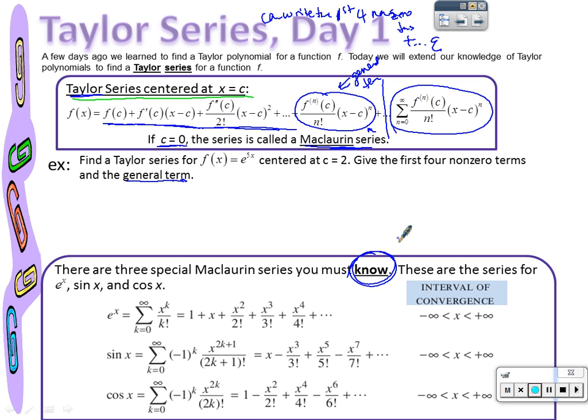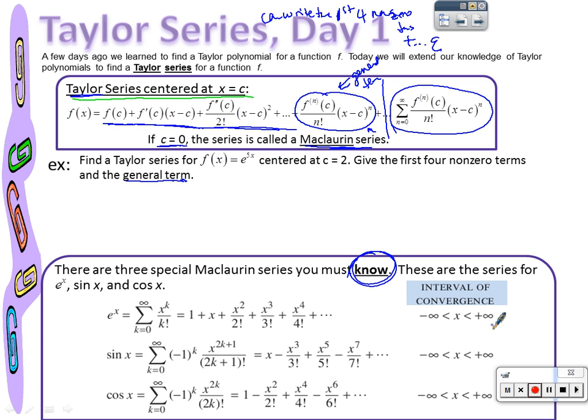All right. Interval of convergence. Note on these 3 Maclaurin series that you're going to need to know is basically all real numbers from negative infinity to infinity. What we're going to learn on this day 1 is using these particular 3 series in reference to those 3, we are going to learn how to make one from scratch.